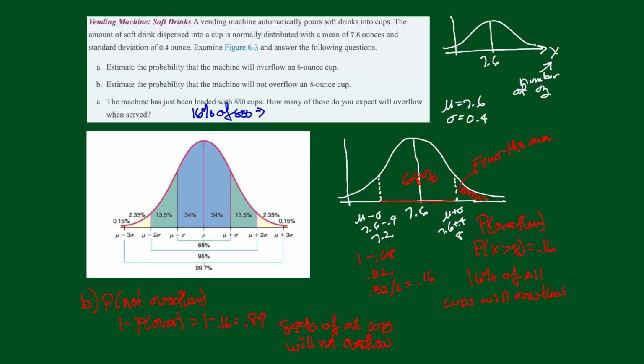That's 0.16 times 850. I'll do that in my calculator. I'm getting 136. So out of those 850 cups, we would expect 136 to overflow.